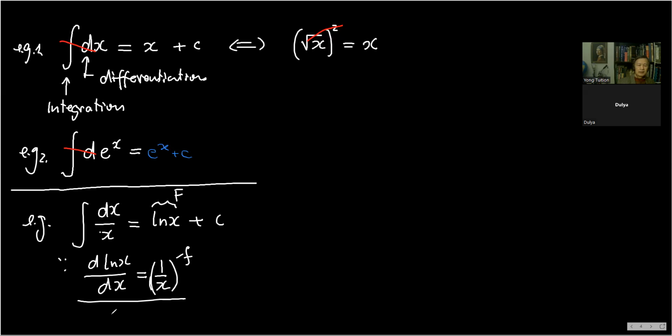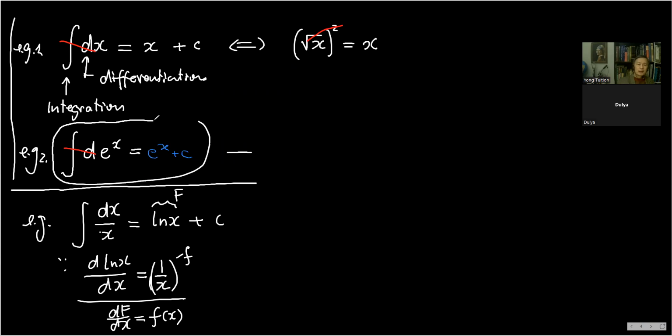In other words, dF/dx is equal to f(x), which is the fundamental theorem of calculus. Although in these two cases, we can also use another formula. So this is method 1. This is the easy one.